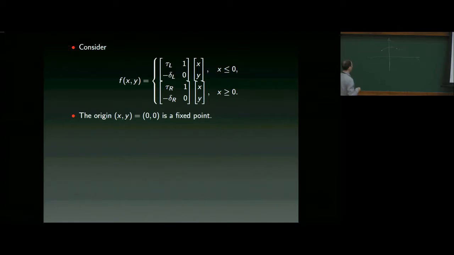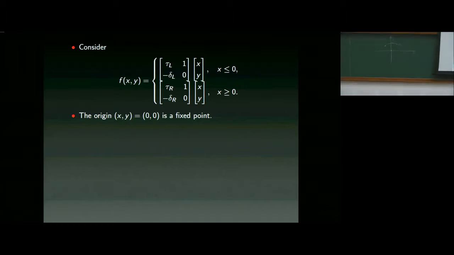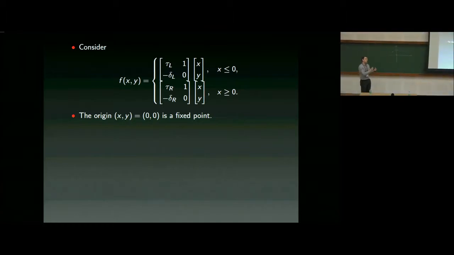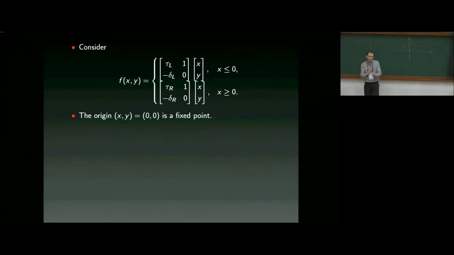Here's the origin. And the most basic question we could ask is, is the origin stable? So by that I mean, do iterates converge to the origin for all nearby initial points?